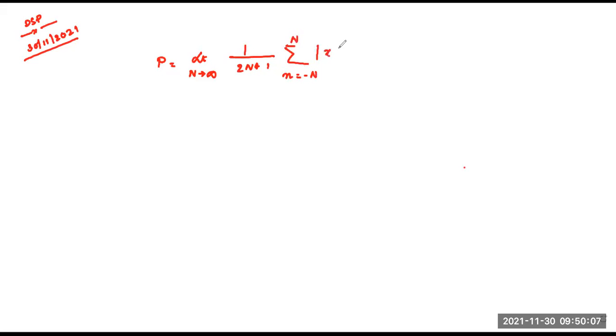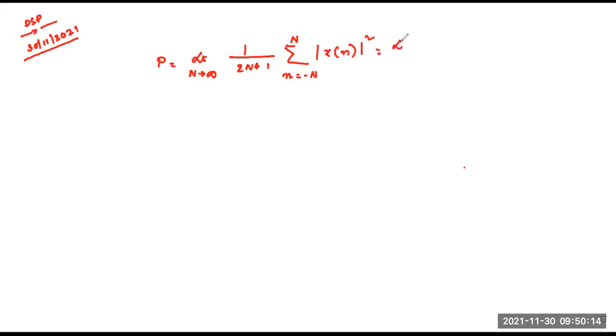P equals limit N tends to infinity 1 by 2N plus 1 into summation of n equals minus N to plus N, in bracket x of n whole square.